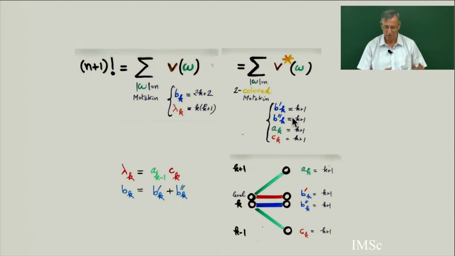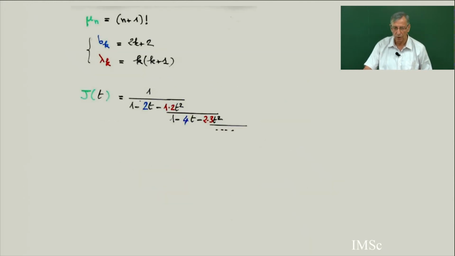There is a simple correspondence between the two, where I am changing this quadratic weight, b_k lambda_k, into a linear weight everywhere. And so I am introducing 2-color Motzkin paths with 2 colors on the level. Or if you prefer, continued fraction, see, this is a continued fraction for (n plus 1) factorial.